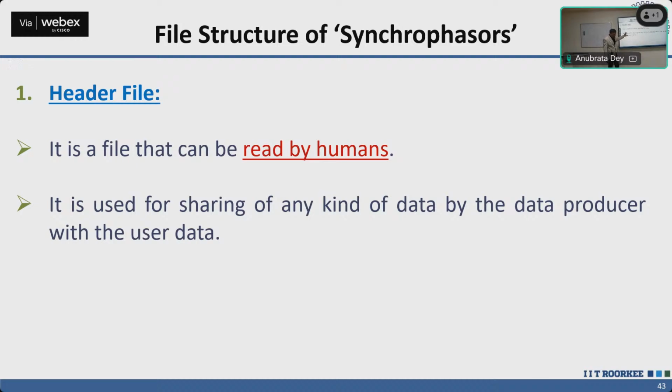This file is basically used to share any kind of data which is produced with the customer, that this is the data we have produced during, let's say, commissioning or testing. We are giving it to you. So whatever user or customer purchases the PMU, they can read this file and have access to it.